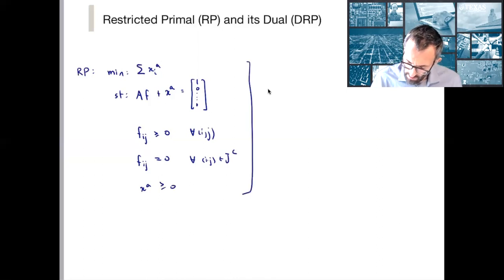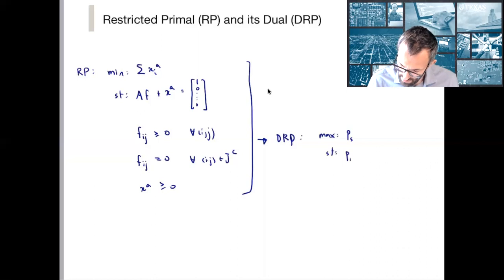Okay, so now let's write the dual of the restricted primal. Maximize PS subject to Pi minus Pj is less than 0. Remember, I had a cost there. That has gone away. That's the combinatorialization of the cost.